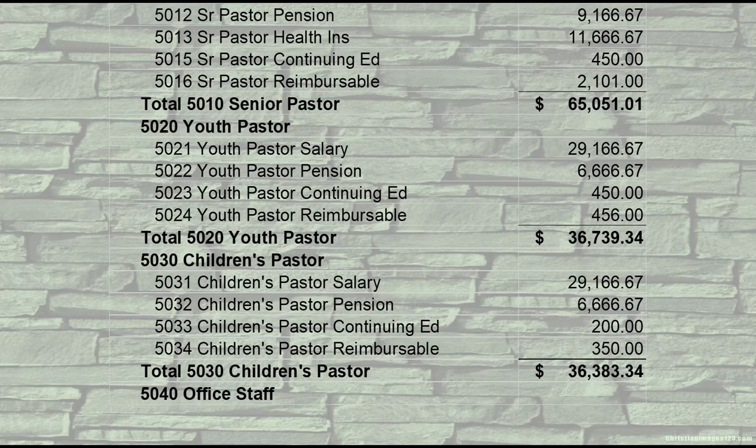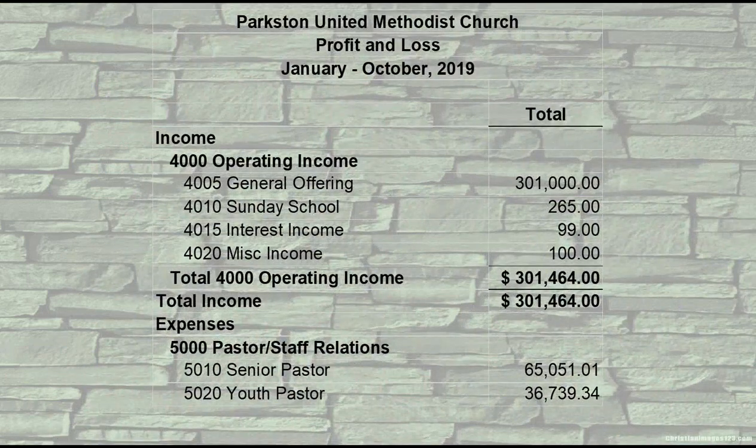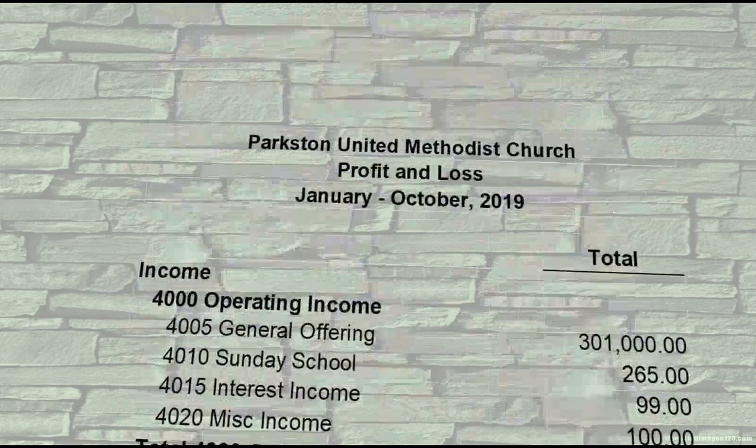Again, useful for certain groups to see these details, but usually not for everybody to see all these details. So with these sub-accounts, what I could do is this looks pretty much like the regular one, except under pastor-staff relations, you just see the summary line for senior pastor, just the summary for youth pastors. So that's all of that.